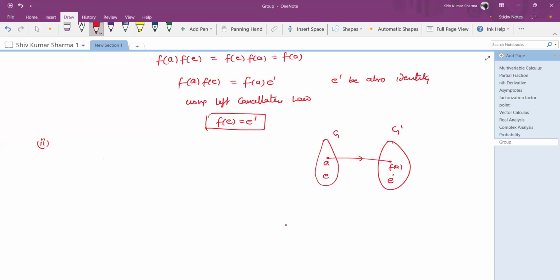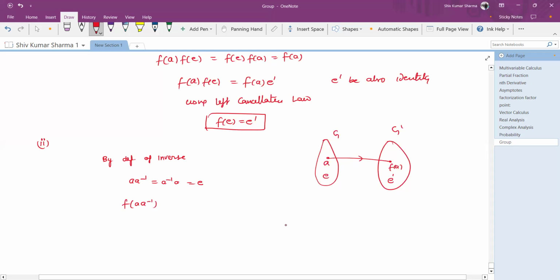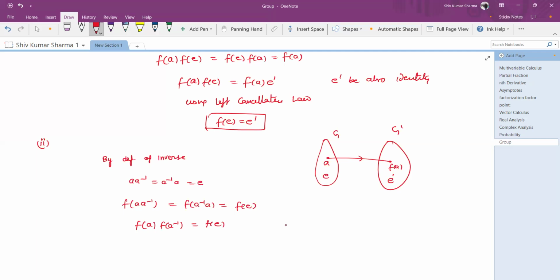By the definition of inverse, A into A inverse equals A inverse into A equals E. So we operate the function: f of A into A inverse equals f of A inverse into A equals f(E). By the definition of homomorphism, this can be written as f(A) into f(A inverse) equals f(E).